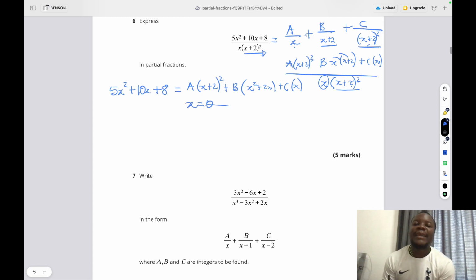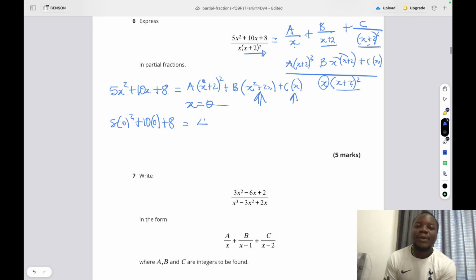So when I choose x equals 0, it means this is going to go to 0 and that is going to go to 0. Then I'll find what my value of a is. So this is going to be 5 times 0 squared plus 10 times 0 plus 8 equals, when I put 0 there, 0 plus 2, which is 2 squared, 4.